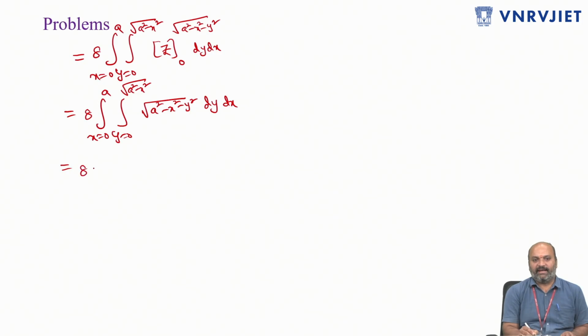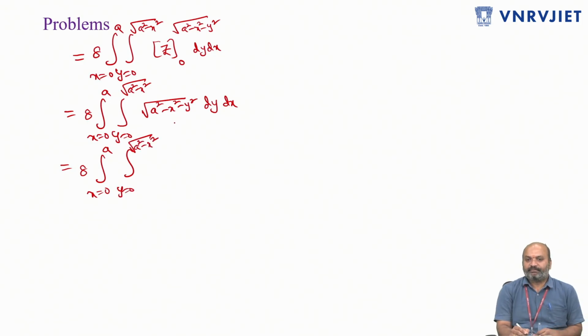That equals 8 into the integral x from 0 to a. How do we evaluate this integral, y from 0 to root over a square minus x square? Observe, it is in the form of root over a square minus something square. We are integrating next with respect to y, so we have to treat x as a constant.